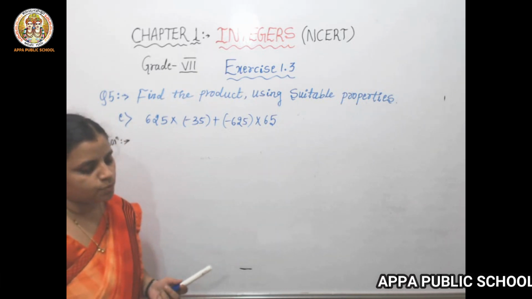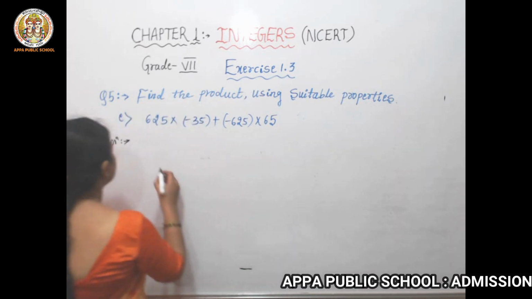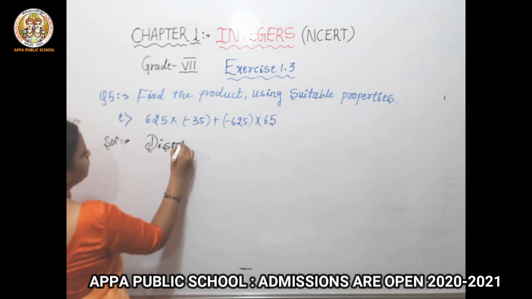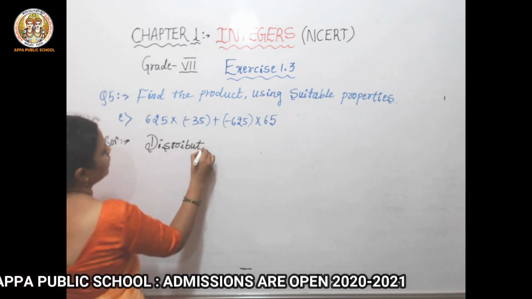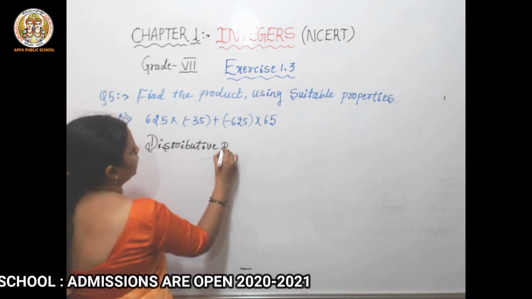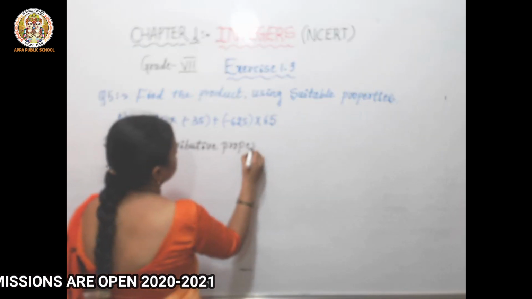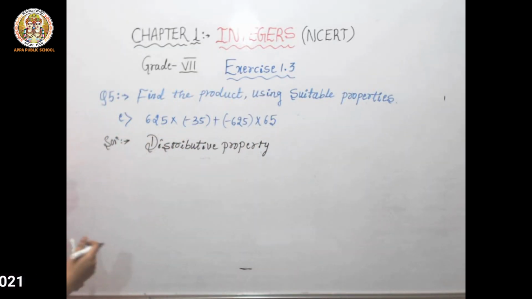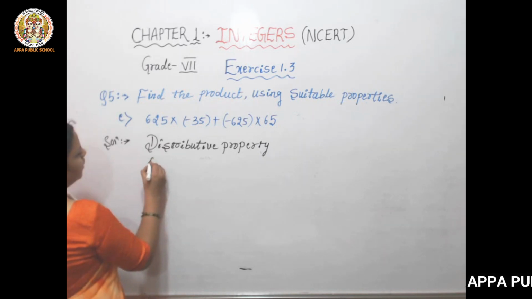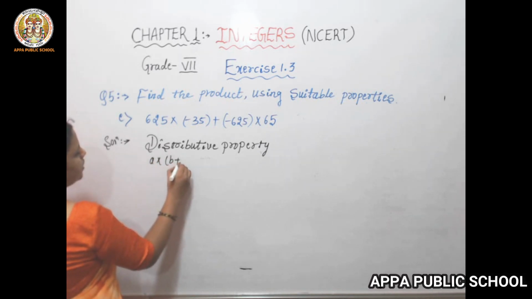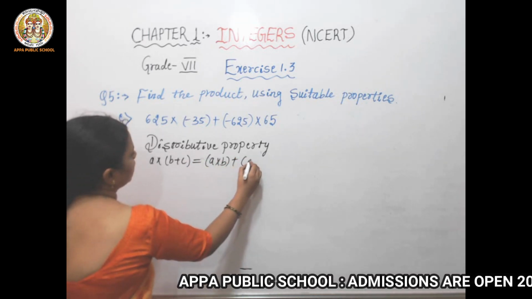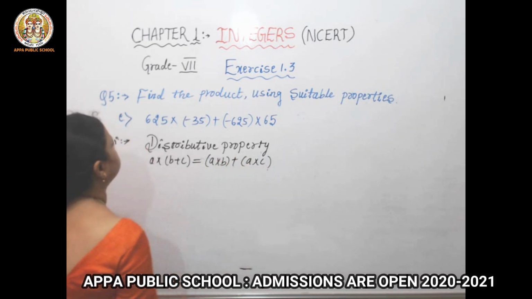That is the distributive property. You should use the distributive property. Now, what is the distributive property? That is A into B plus C is equal to A into B plus A into C.